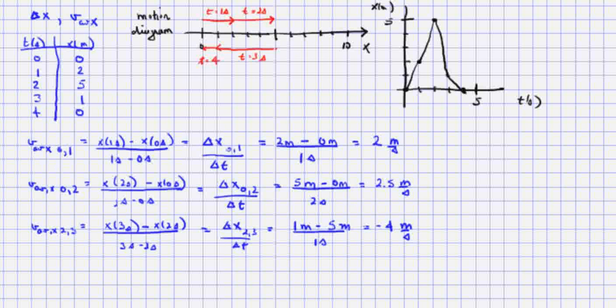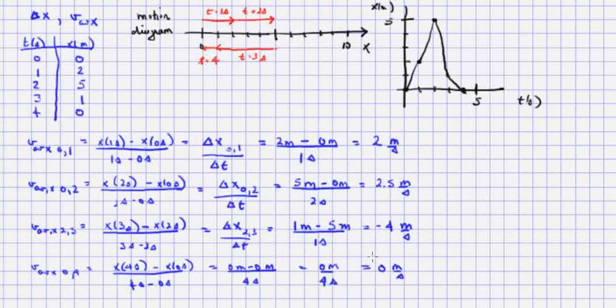So let me do one more slightly surprising one, and that is this last average velocity we calculate is going to be the average velocity in the x direction from 0 to 4 seconds, and that's going to be x of the position at 4 seconds minus the position at 0 seconds over 4 seconds minus 0 seconds, which is going to be equal to 0 meters minus 0 meters over 4 seconds, which is equal to 0 meters over 4 seconds, which is equal to 0 meters per second.